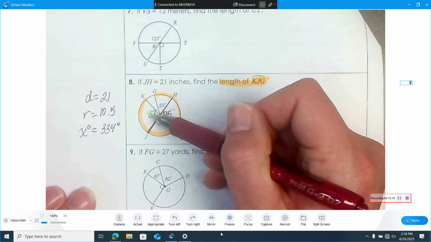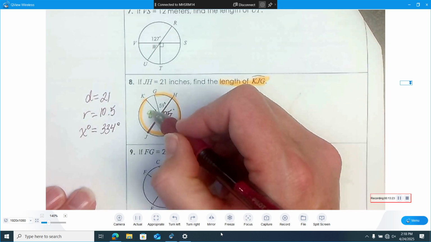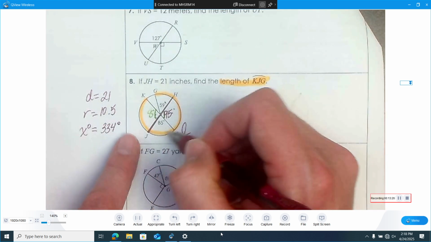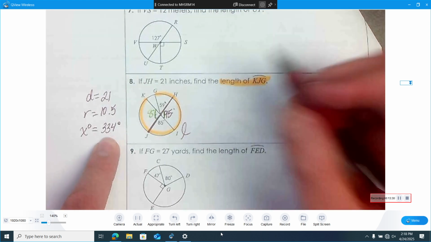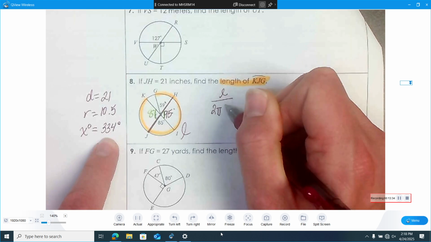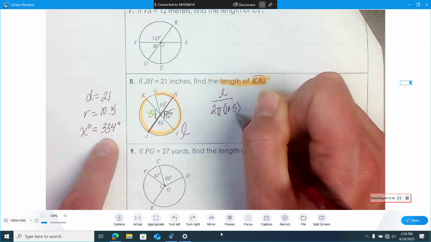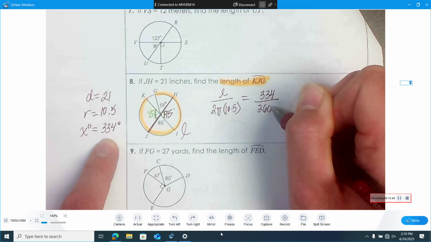Add them all up. Yeah, 95 plus 85 plus 95 plus 59. So if I add up all my angles, that's the angle that corresponds to our arc length that we're looking for. All right, which means our arc length divided by 2 times pi times 10.5 equals 334 over 360 degrees.